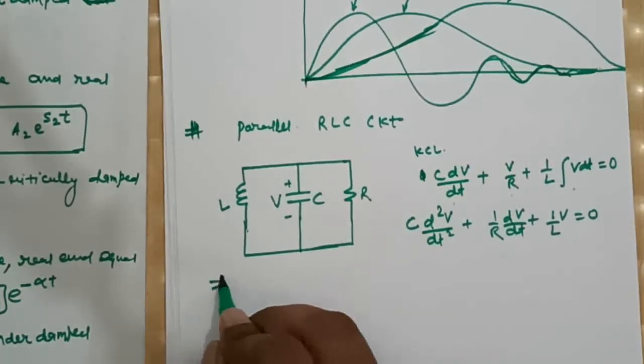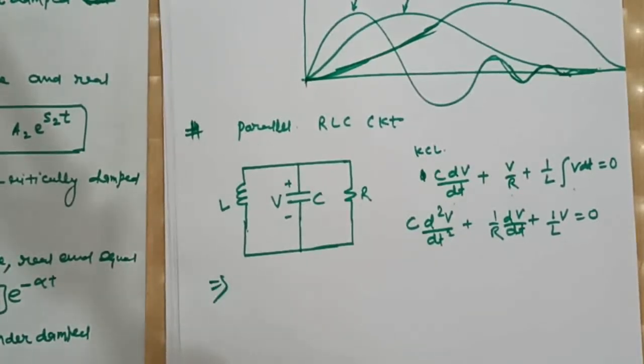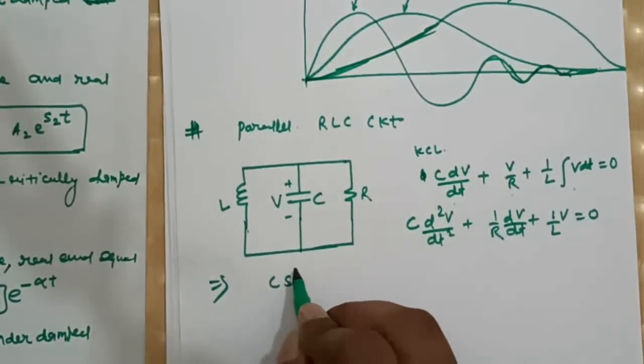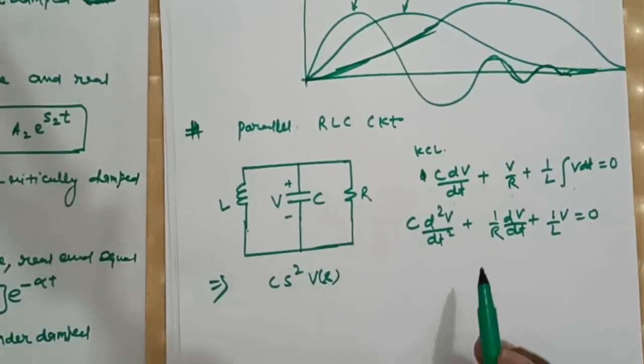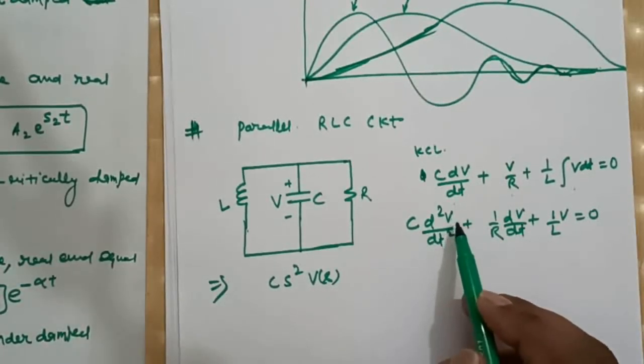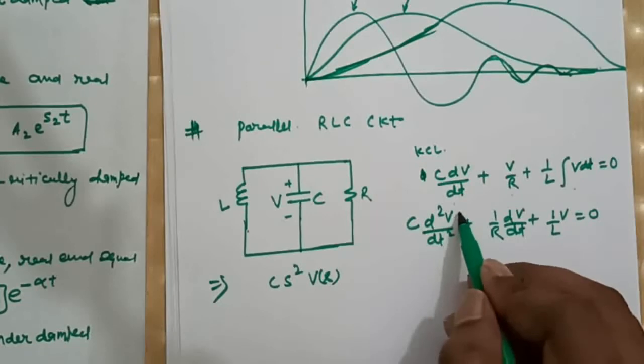Once again, just like the previous one, taking homogeneous Laplace transform, we will have C s square V(s), where V(s) is the Laplace transform of this v(t).